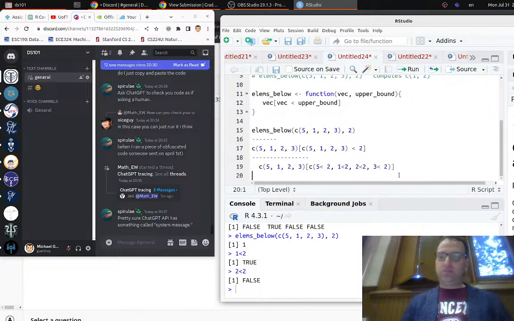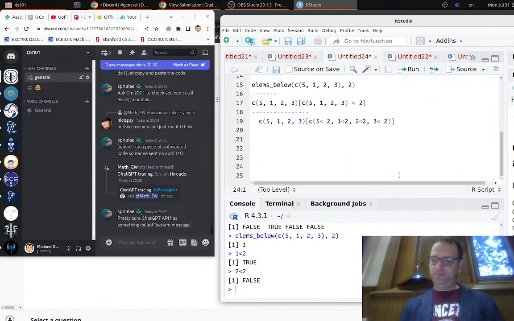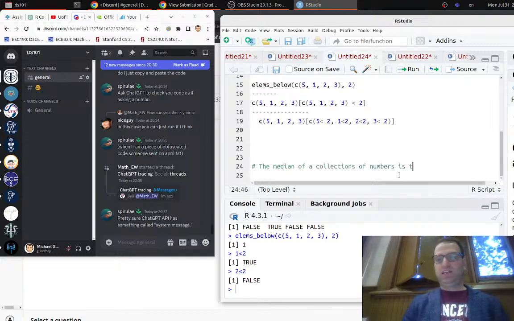So I want to do another problem. A median, I think most people know, but the median of a collection of numbers is the number that's at the middle of the collection.